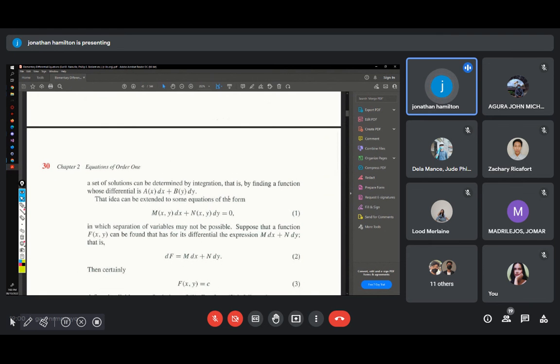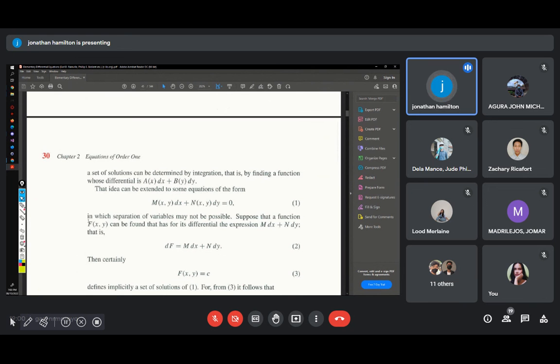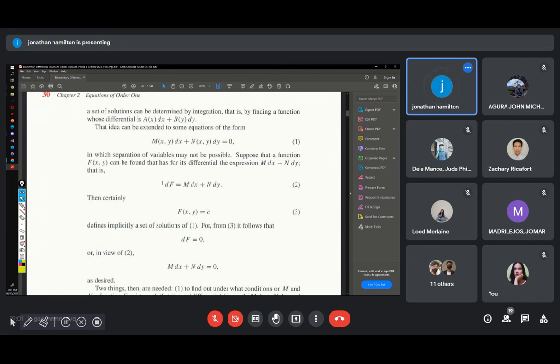This idea can be extended to some equations of the form m of xy dx plus n of xy dy, which is our homogeneous, or equations that are not separable, which is noted here, in which separation of variables may not be possible. Suppose that a function f of xy can be found that has for its differential the expression m dx plus n dy, which is shown here.